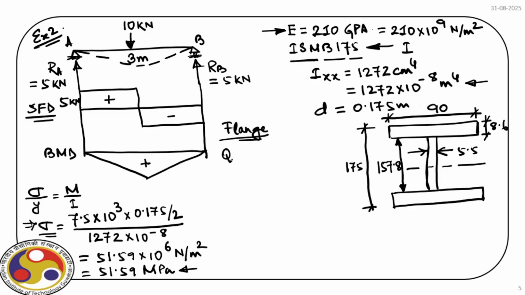our task is to find out Q, and that is not difficult because we have to consider this flange portion only. So the area is 90 times 8.6 times (157.8 divided by 2 plus 8.6 divided by 2).